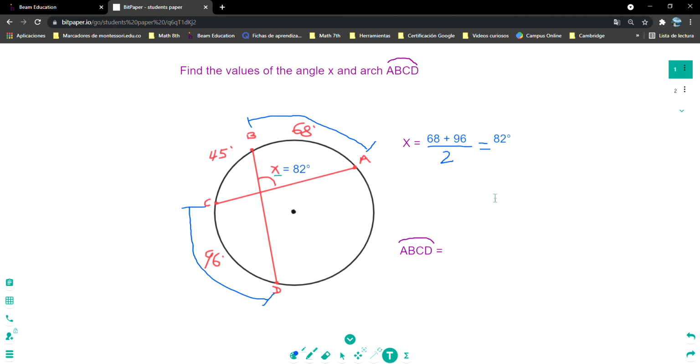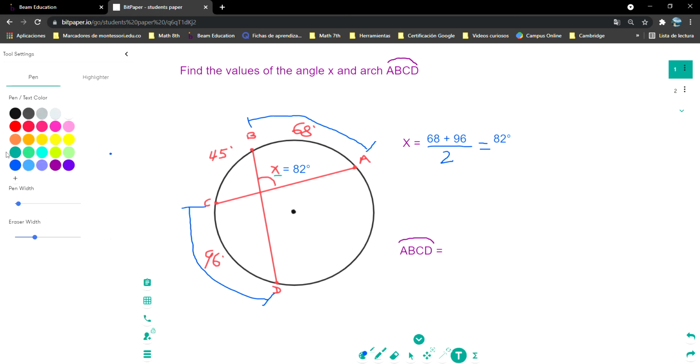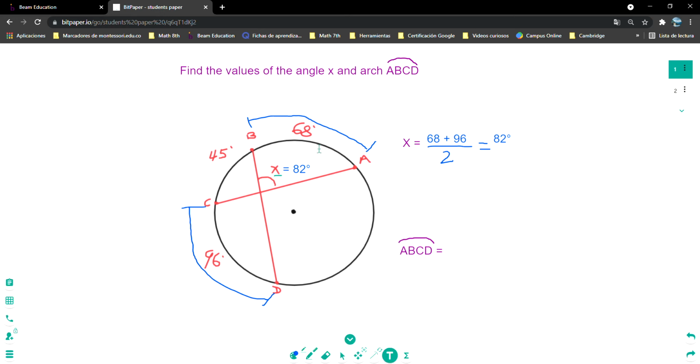All right, guys. We already have this interior angle, 82 degrees. Now, how can we get the value of the arc ABCD? We just need to get all of this arc. So we need to find the value of this arc. We already have the arc AB, 68 degrees.